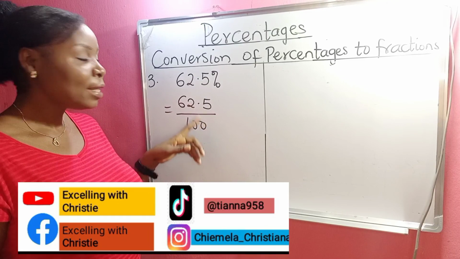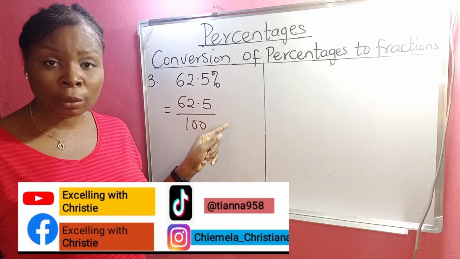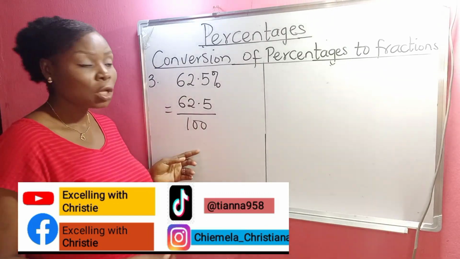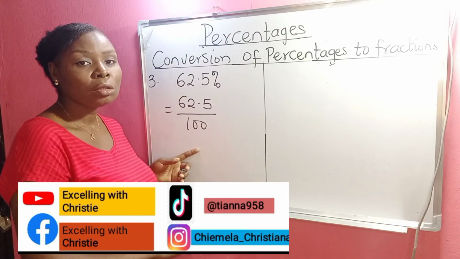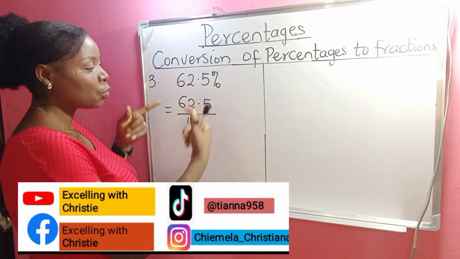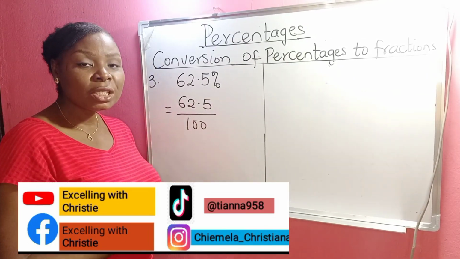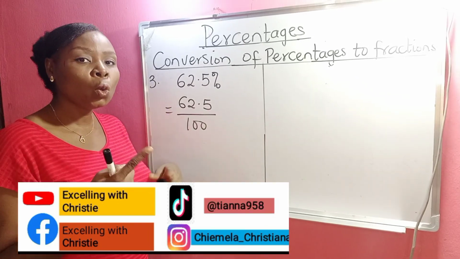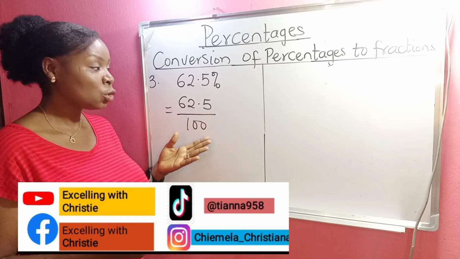Multiplying this by 10 turns it into a whole number and makes it easier to solve. The rule for fractions is whatever you do to the numerator, do the same to the denominator. So we multiply both numerator and denominator by 10, to get this decimal number to become a whole number.